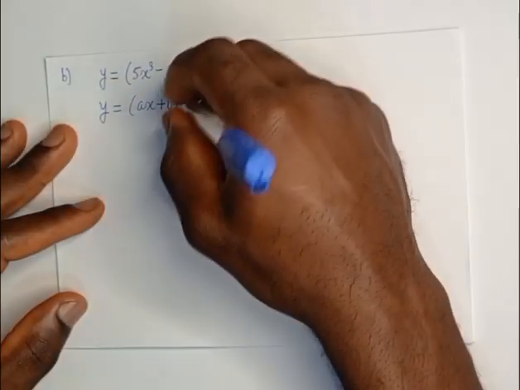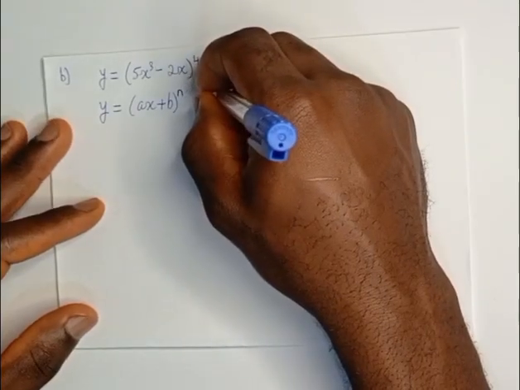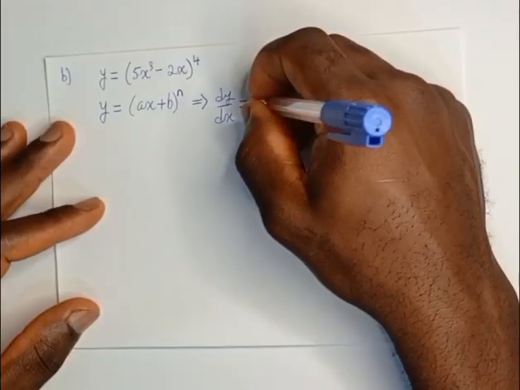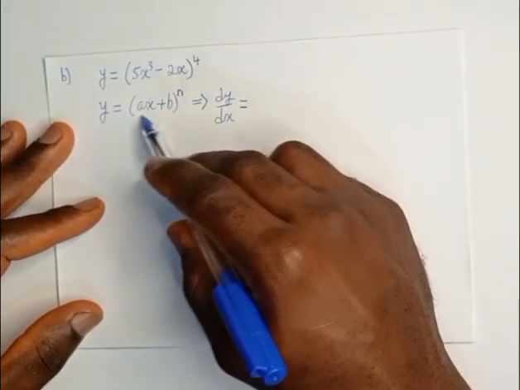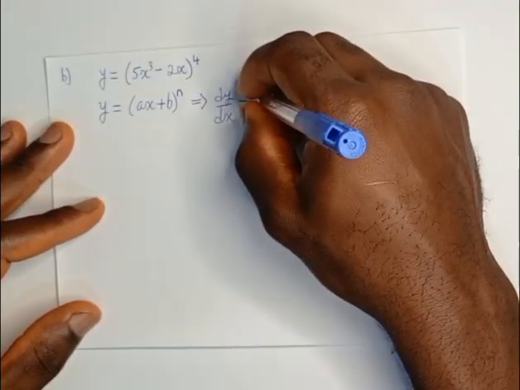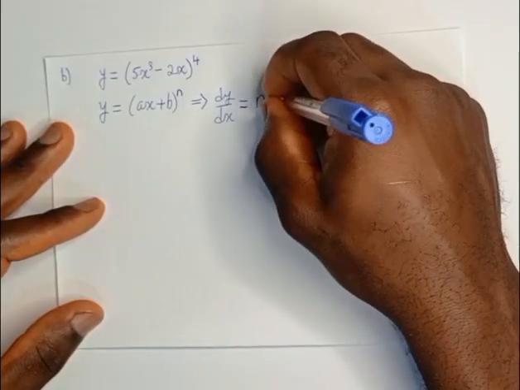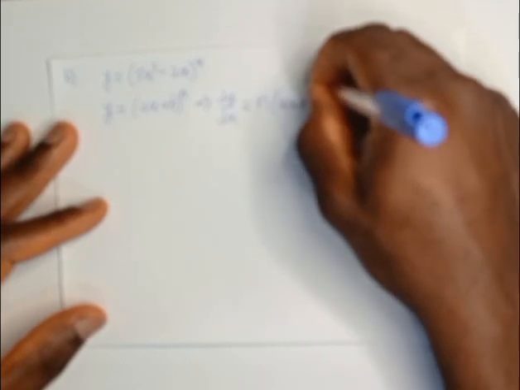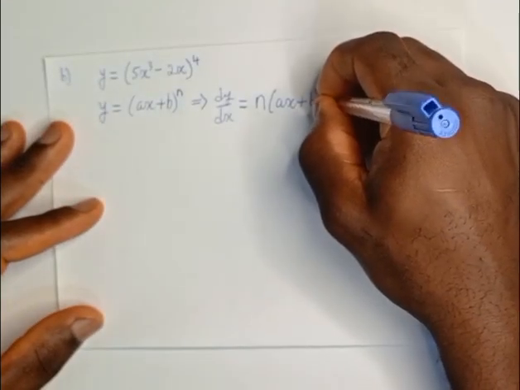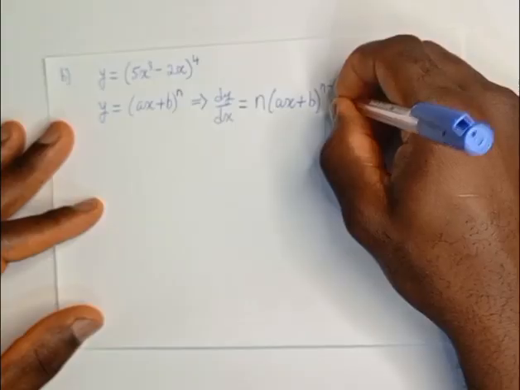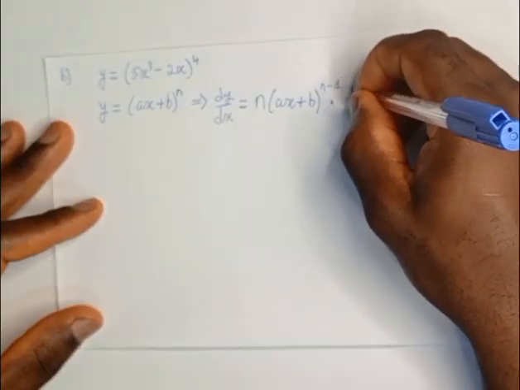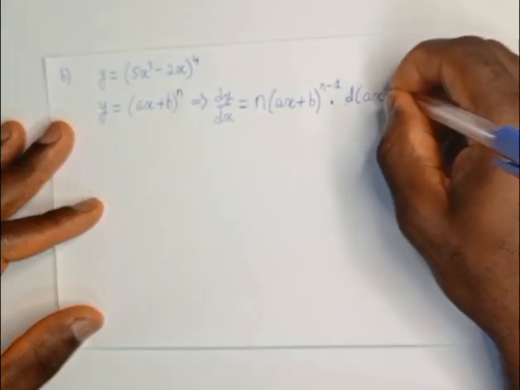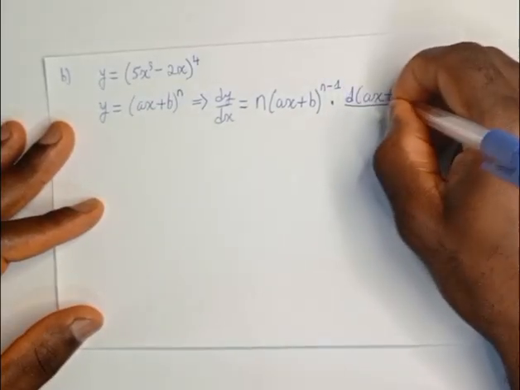For us to differentiate y with respect to x, our dy over dx will simply be equal to n times ax plus b, all this raised to the power n minus 1, times the derivative of what we have in the brackets, ax plus b, with respect to x.